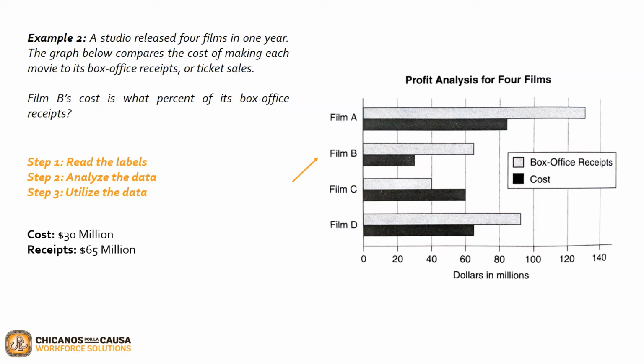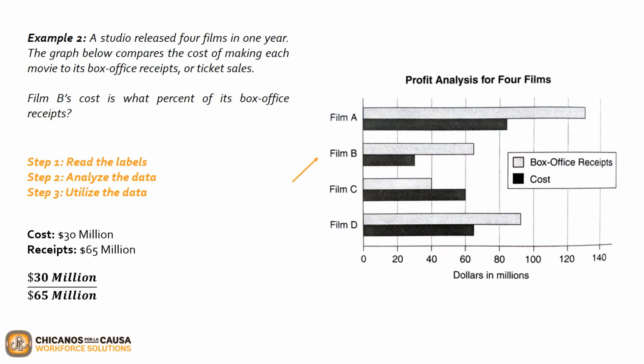Because the question is asking us what percent of its box office receipts are the cost, that means that we have a division problem. So essentially, we want to see 30 million divided by 65 million. Again, remember that fractions can turn into decimals, that can turn into percentages.